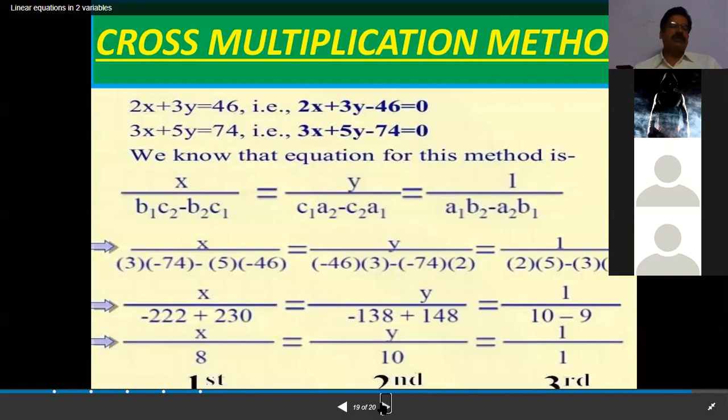So x by minus 222, 46 5s are 230, plus 230. y by 46 3s are minus 138, 74 2s are 148, 1 by 10 minus 9. So x by 8 and y by 10 equal to 1.